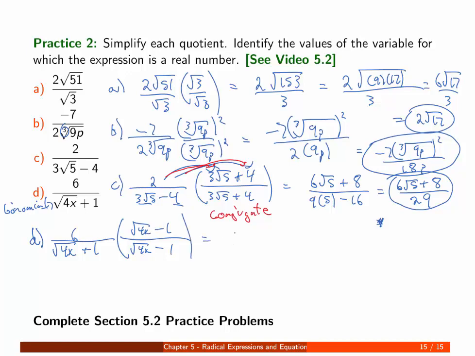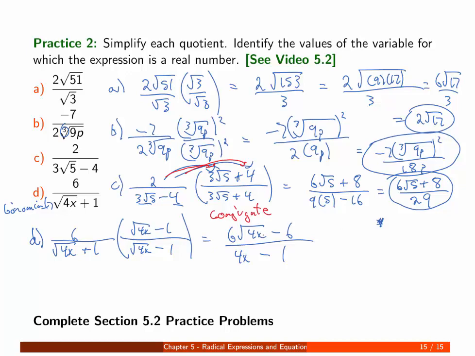So in this case, you're going to be left with 6 root 4x minus 6 all over, when you square root 4x, you just get 4x, and you're going to have minus 1. Now that's basically it. This guy can't simplify any further than that.